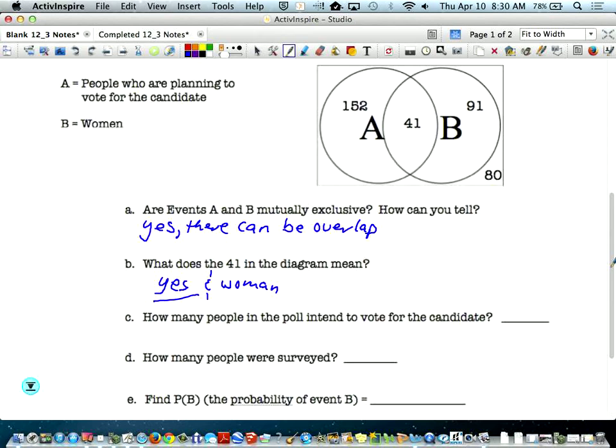It's everybody inside the circle. So 152 plus the 41, and we end up with 193 total yes votes. How many people were surveyed?